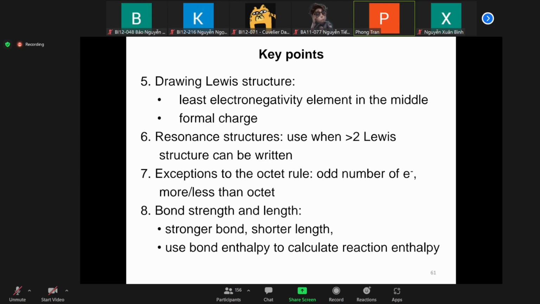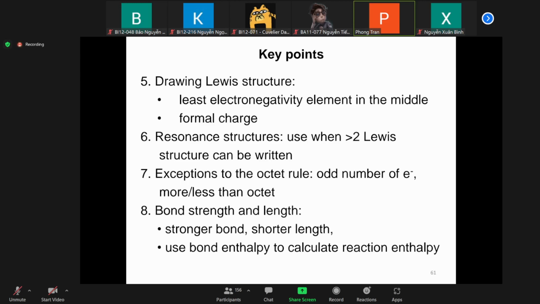You have two rules to decide which Lewis structure is more likely based on the formal charge. Closer to zero is better. And when you have a negative charge, it's better to put the formal negative charge on the element which has a higher electronegativity. And we talked about the resonance structure.